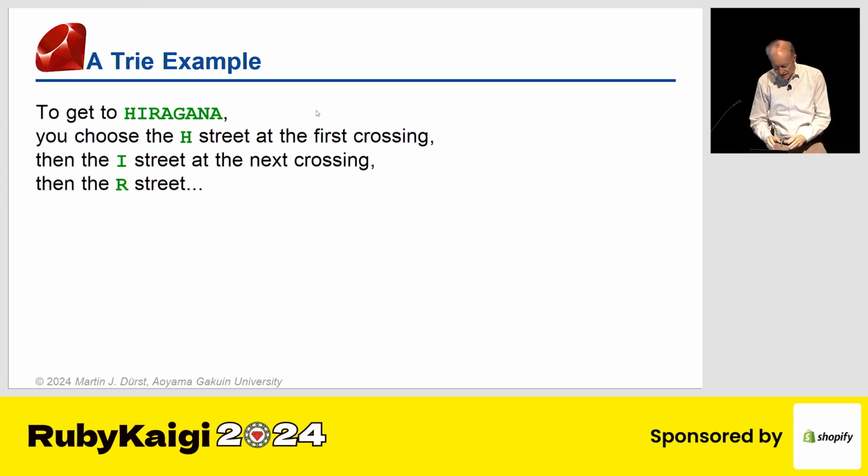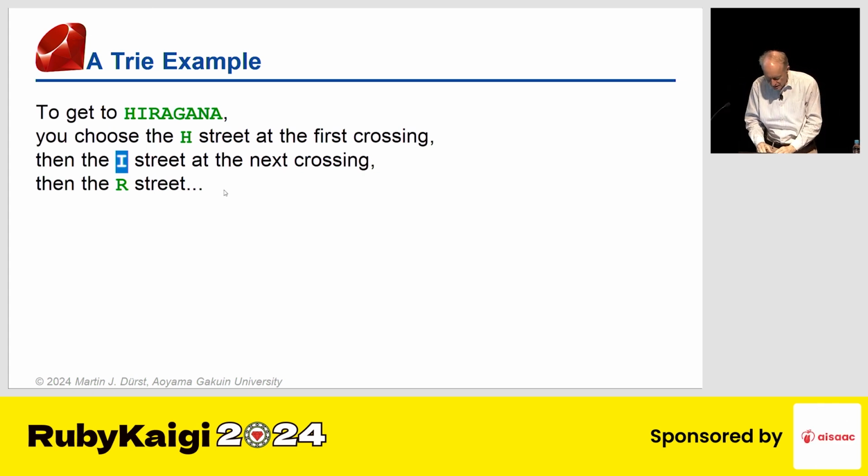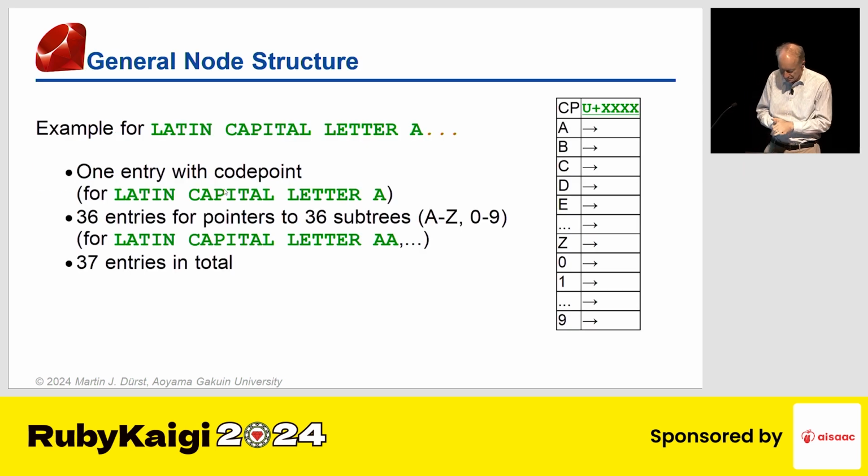So to get to hiragana, which is just the start of the name, imagine you have 26 or actually 36 different streets going out from a crossing. You look for street H, you go down that street for a block, and then you get to the next crossing, and then you choose the I street, go down a block, choose the R street, and so on, you go step by step for each character.